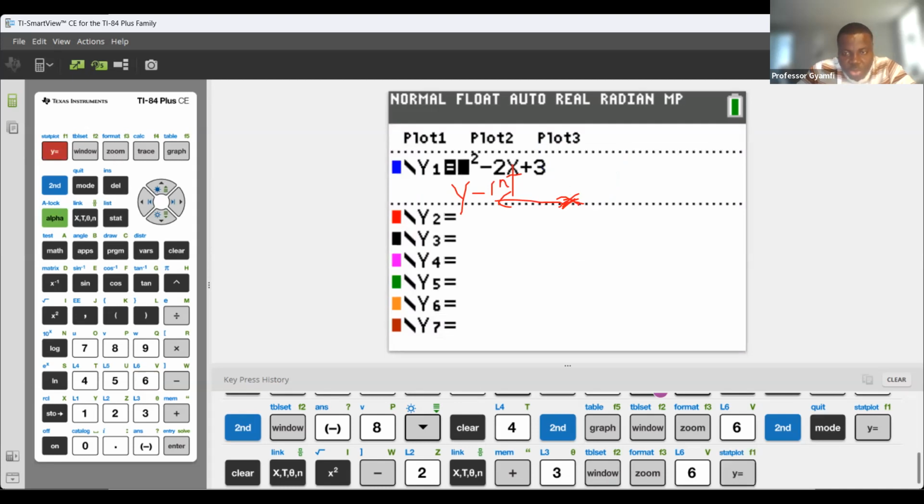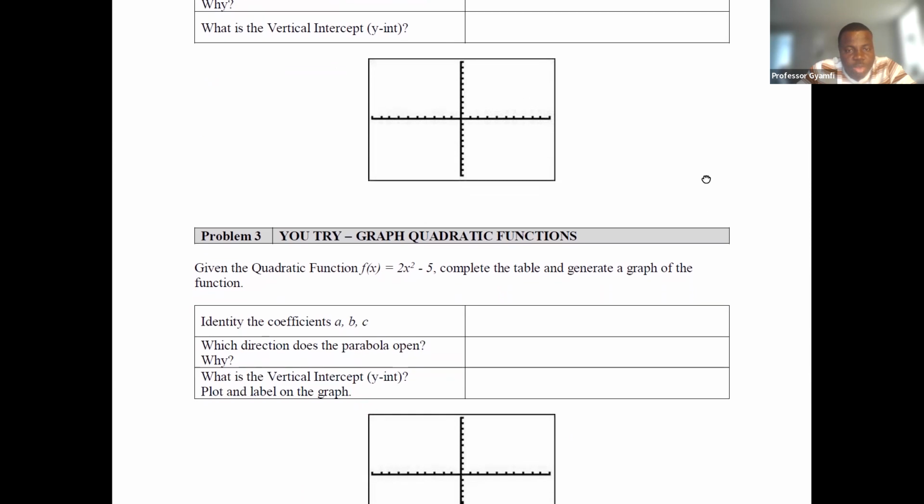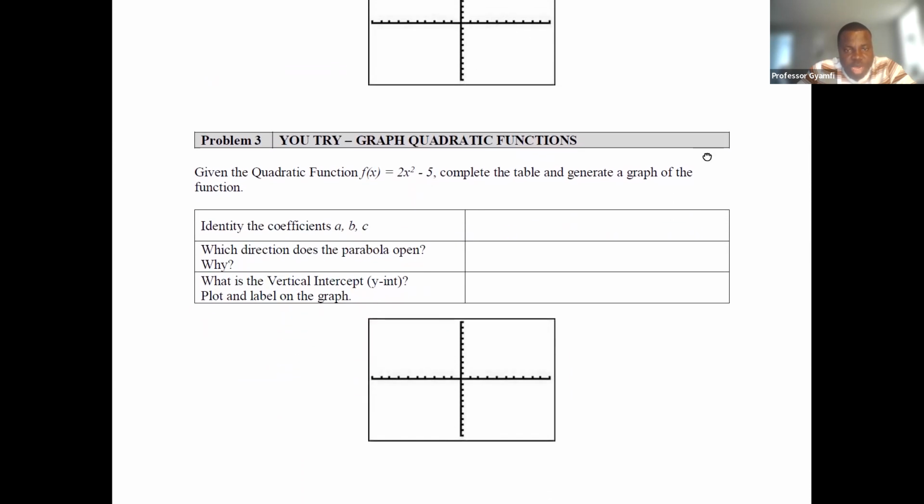So let's go back to the workbook. I've drawn my graph from the picture that I saw on the calculator. Now with problem 3, you've got the same idea.